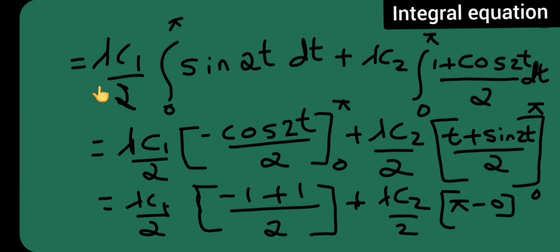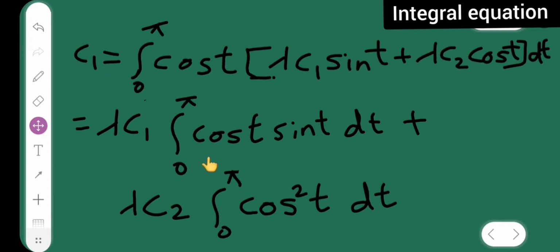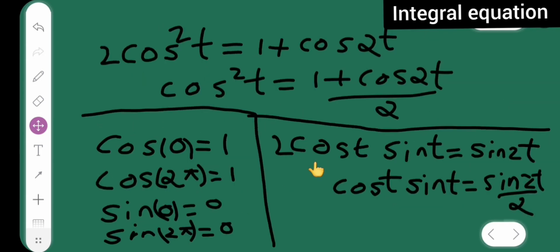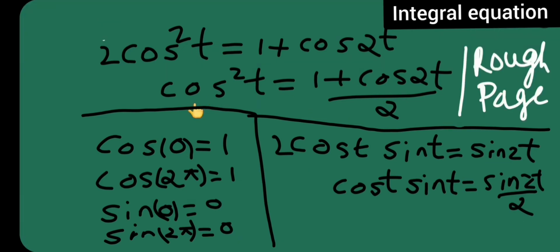So how I got this upon 2 and here sine of 2t? Now what is my cos of t into sine of t? This is my rough page, okay.